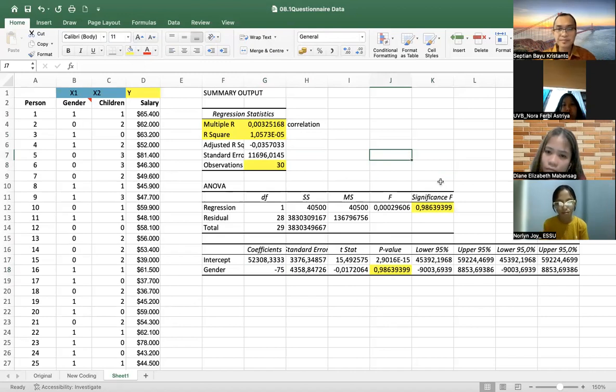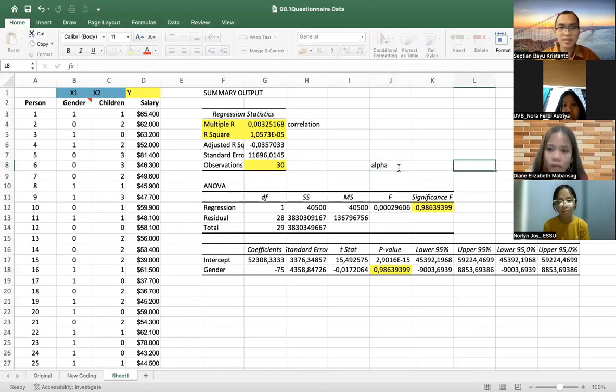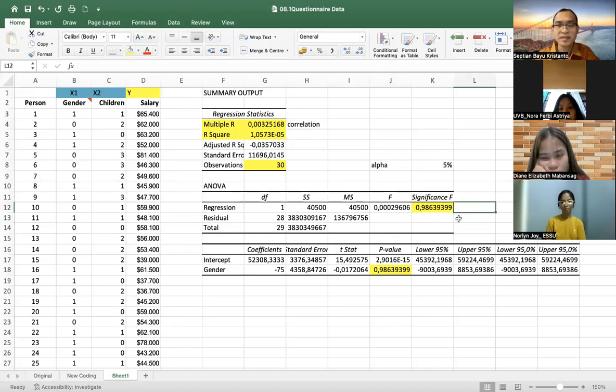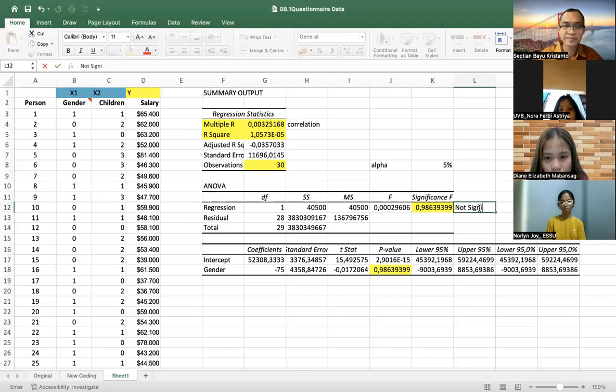Okay, let's say that our alpha, or confidence level, is 5%. So if this score is below 5%, it could be significant, but this is more than 5%, so this is not significant. You just say NS, not significant.